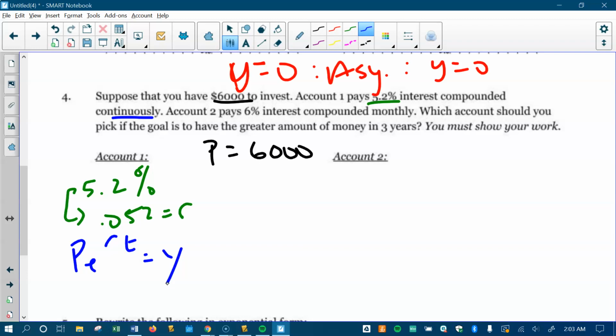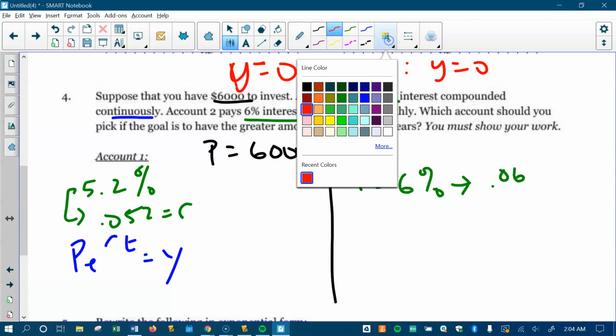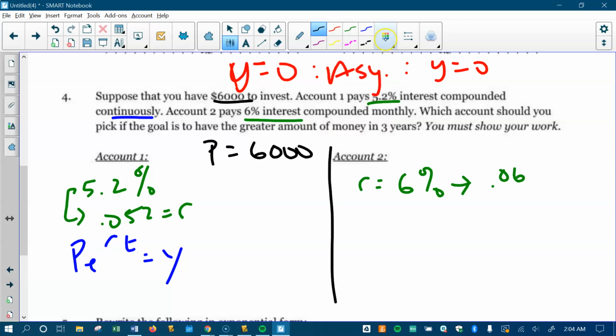For account 2, again, P is still 6,000. But account 2 pays 6% interest. So here R is 6% interest, which is going to be, when I divide it by 100, 0.06. Compounded monthly, that means N is 12.